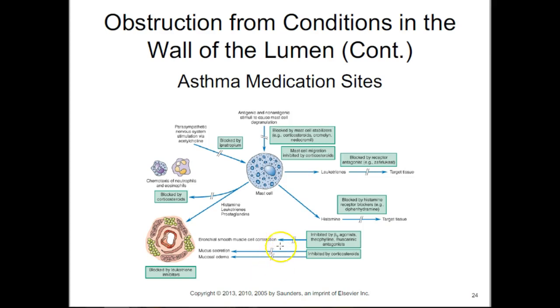And then other corticosteroids to reduce the edema and mucus secretion. Right, and then you also have your receptor antagonists here, your leukotriene receptor antagonists, zafirlukast, right, and montelukast, which is like Singulair.